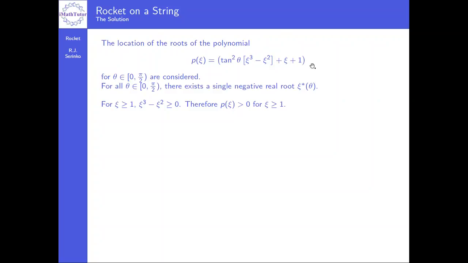So all of the tan squared terms are positive, all the terms on the right are positive. So p of zeta is greater than 0 if zeta is greater than or equal to 1. So there are not going to be any roots on the interval from 1 to infinity. It follows that if p has any additional roots, they must be in the open interval 0 to 1.